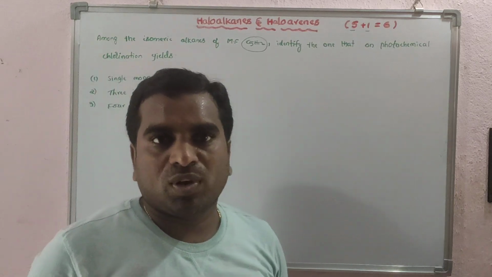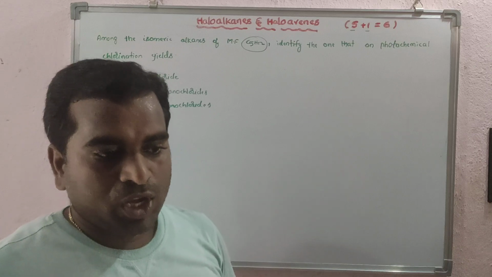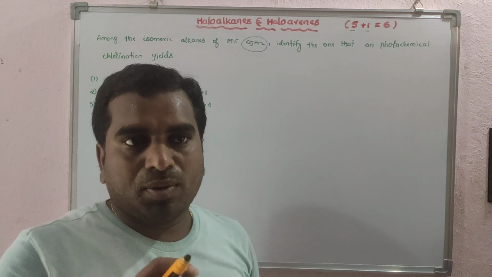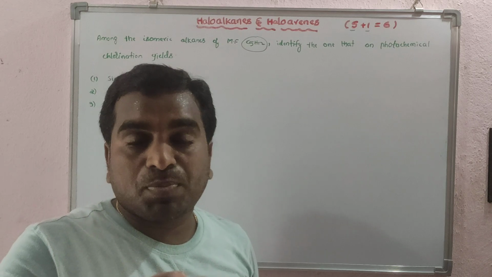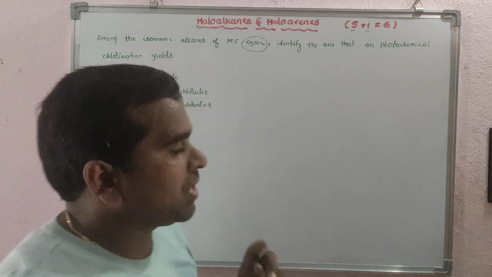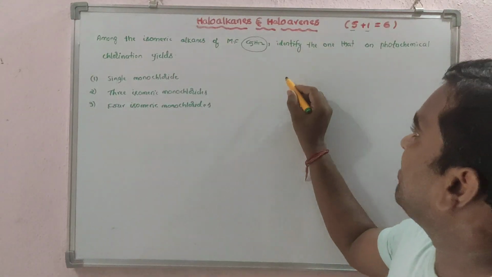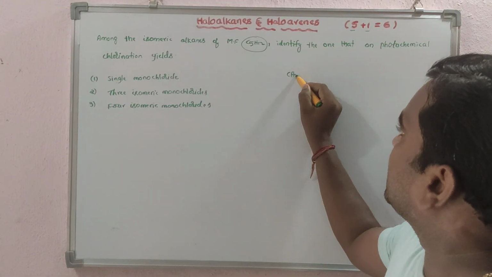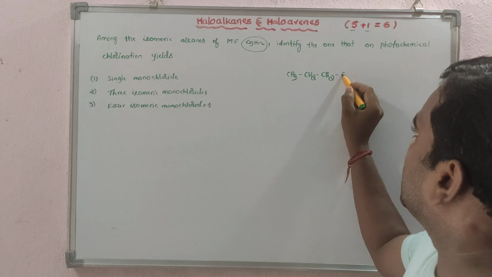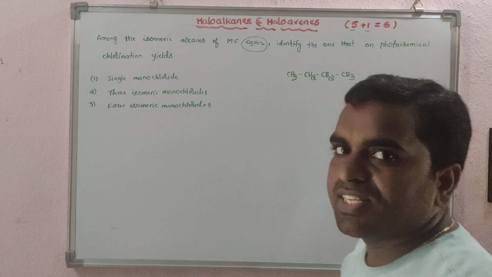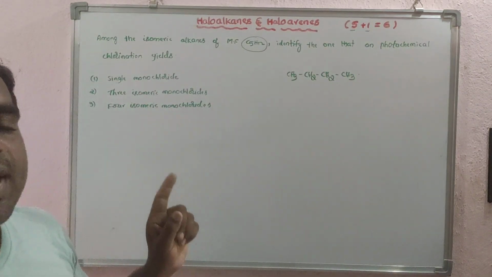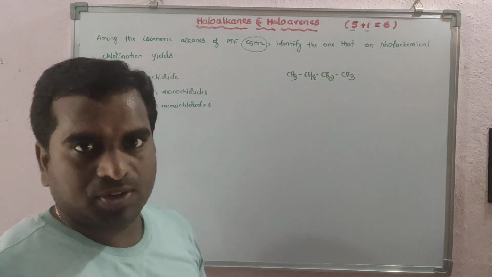Simple. First of all, when they give this type of question, you have to identify the number of types of hydrogen atoms present in the organic compound. Simple example: suppose I write here CH3, CH2, CH2, CH3. This is n-butane. In n-butane, how many types of hydrogen atoms are present?